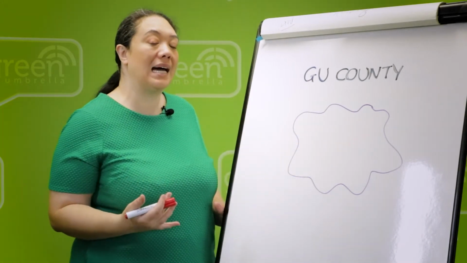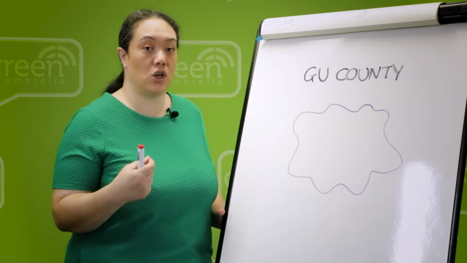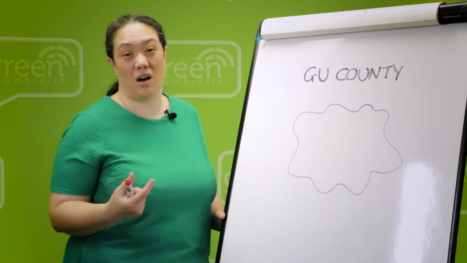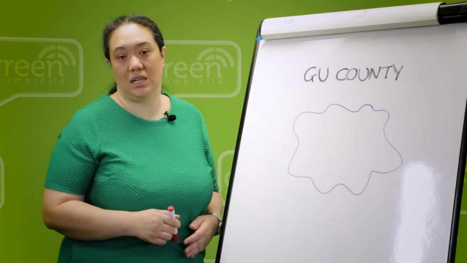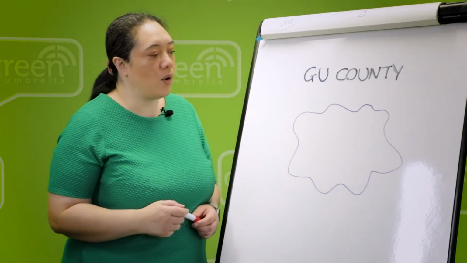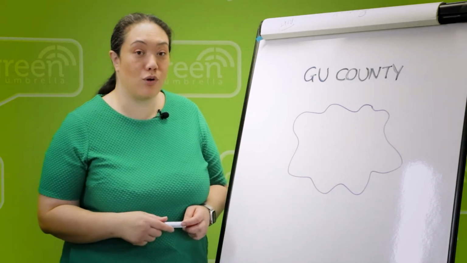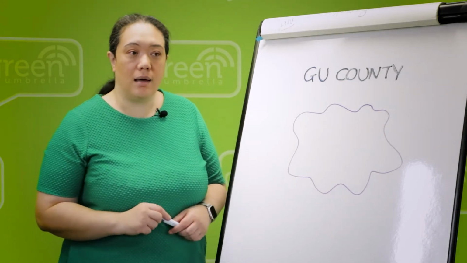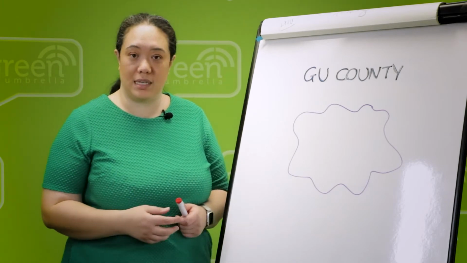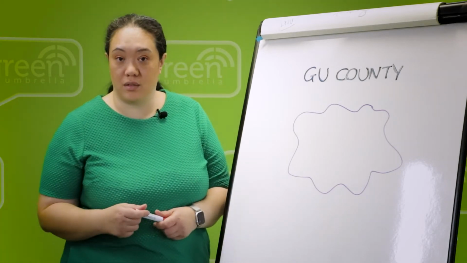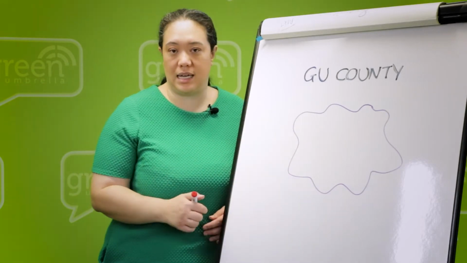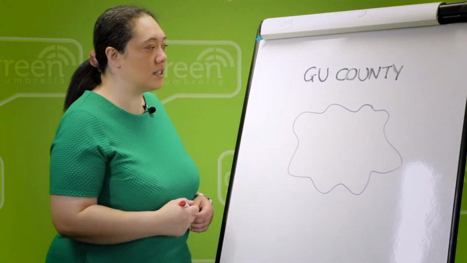But actually what we can do, if we really understand who we're targeting, we can pin this down a little bit further and make sure that our budget is working more efficiently in terms of when and where we show our ads. So I'm working with someone who's in the property world at the minute, and what they do essentially is they look for people that have rental properties and they manage those properties for them. So let's say they're looking for people in GU County that are property owners.